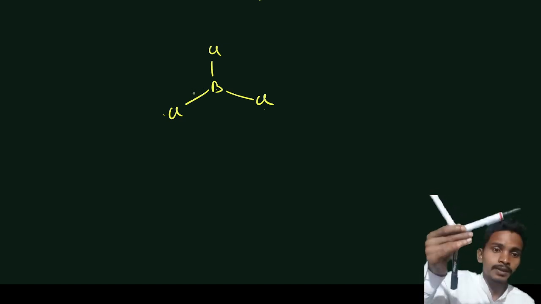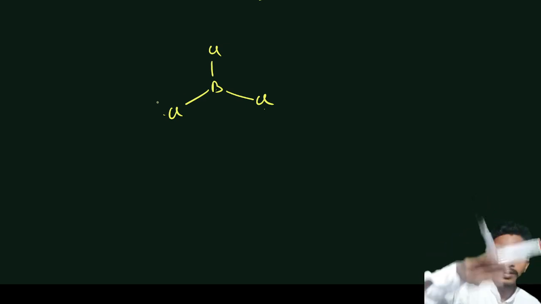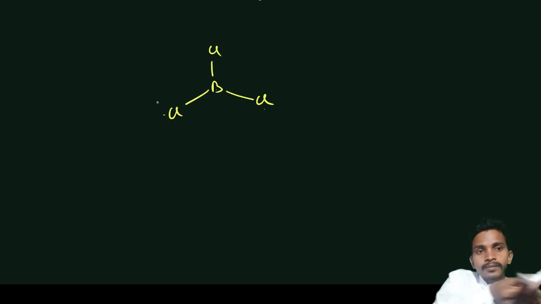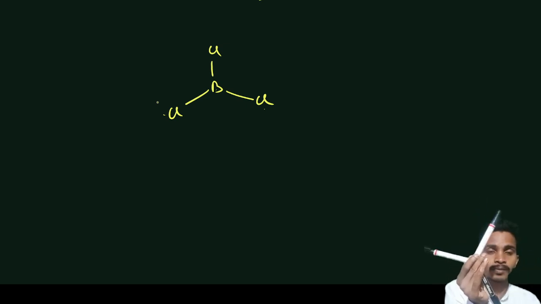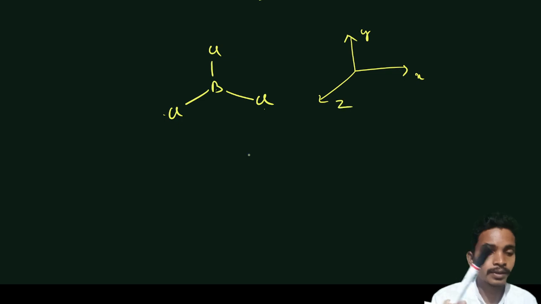So here, with the axes, this is the x-axis, this is the y-axis, and this is the z-axis. Now if I look along the x-axis, since this molecule is in the plane, I have to look along this direction.